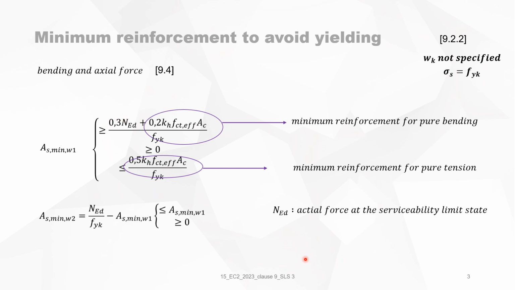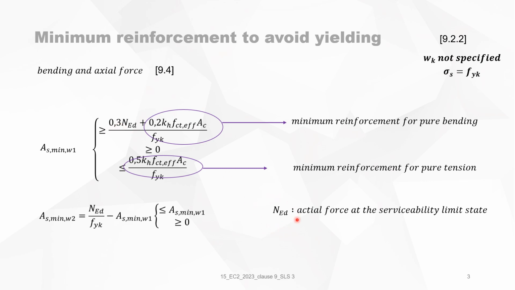So NED is defined as the axial force at the serviceability limit state. But that's very difficult to estimate, because when NED, like a compression force, is put in this formula, it works positively on the minimum reinforcement. From a certain value of NED, you will not need minimum reinforcement anymore.